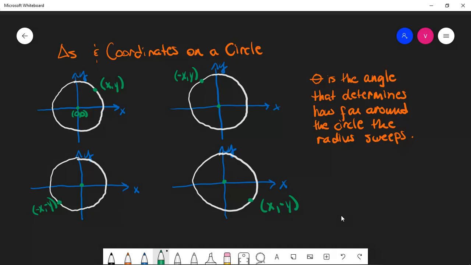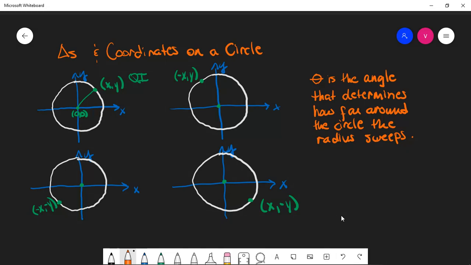On this first example, if you had a radius going from the center of the circle, which is the origin in this case, (0, 0), and we draw it out to that point right here, we are in the first quadrant: positive x, positive y. How do you relate these coordinates to the x and y coordinate system below it?